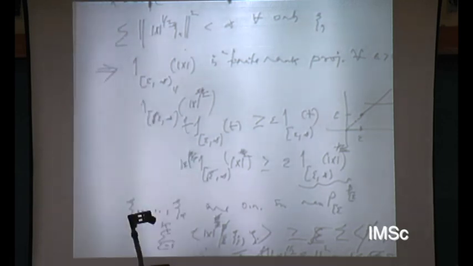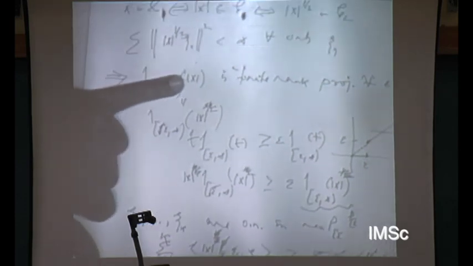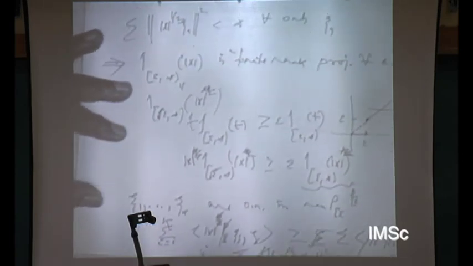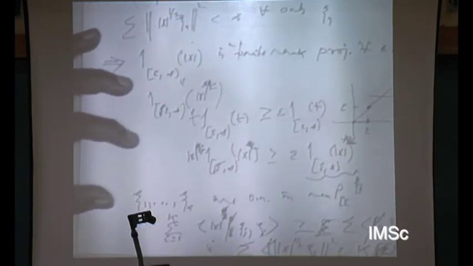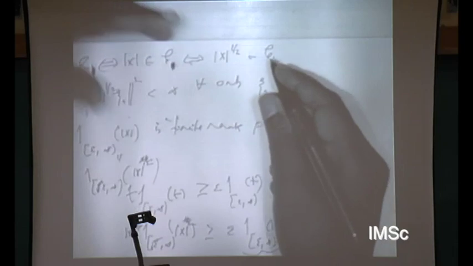Okay, so what is all this saying? If I take any k orthonormal vectors in the range of the indicator of epsilon to infinity of mod x, then k epsilon is at most this sum. One uses one notation.